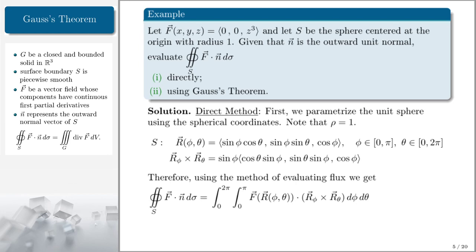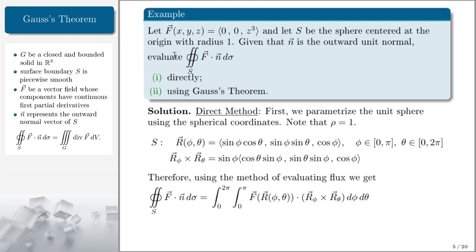Evaluating my vector field F on the coordinate given by the parameterization r(phi, theta), getting its dot product with the cross product we obtained before. Phi here will be from 0 to pi, and theta will be from 0 to 2 pi.